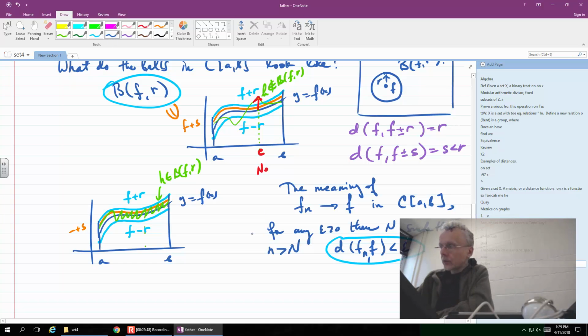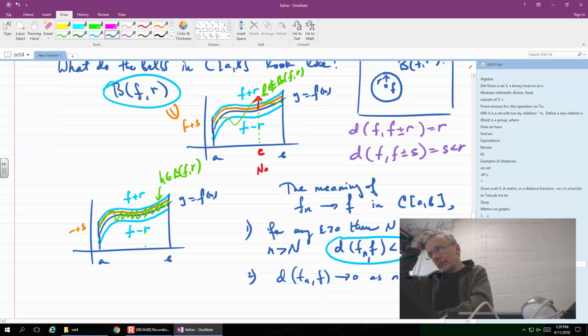Another one, which we also saw, is that the distance converges. So d(f_n, f) goes to 0 as n goes to infinity. This is a numerical sequence of numbers, and it converges to 0. So that's another way to see it.